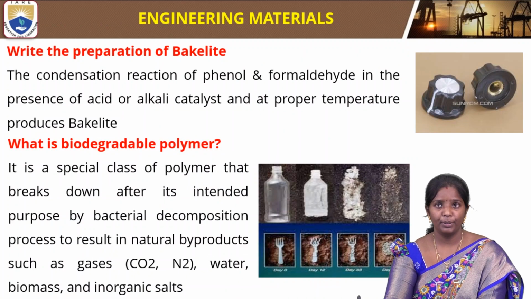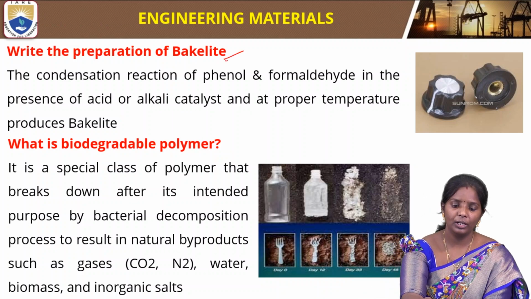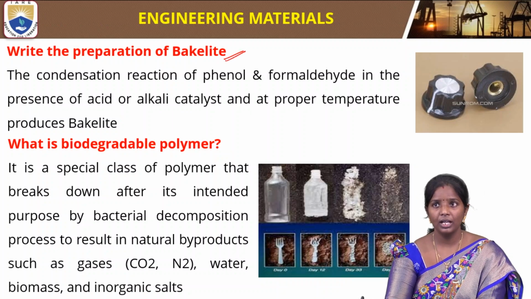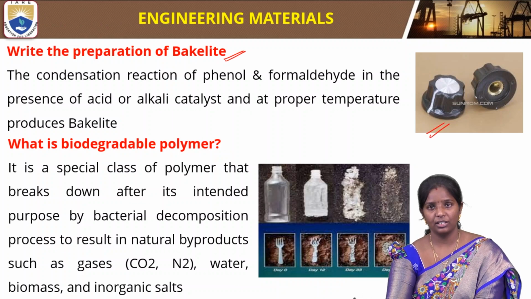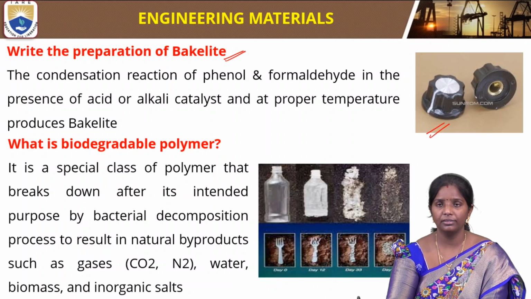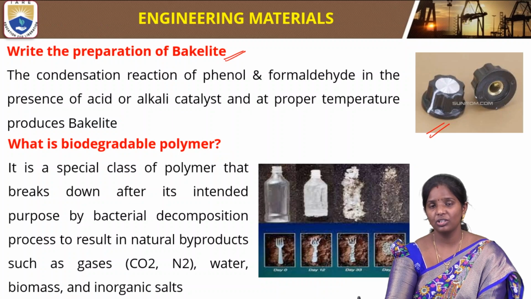Then write the preparation of bakelite. Bakelite is one of the polymers that is used in many electronics, knobs and many other things. Switches and all are made of it. So it is very hard in nature.